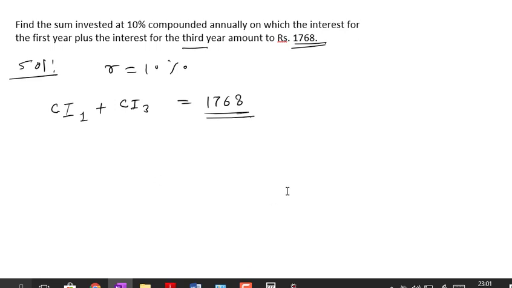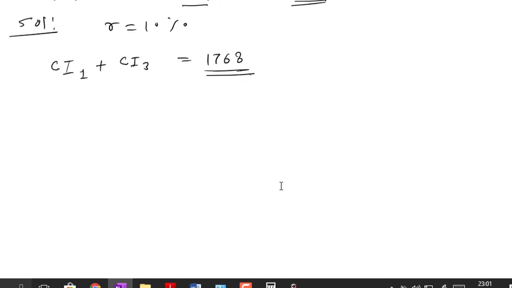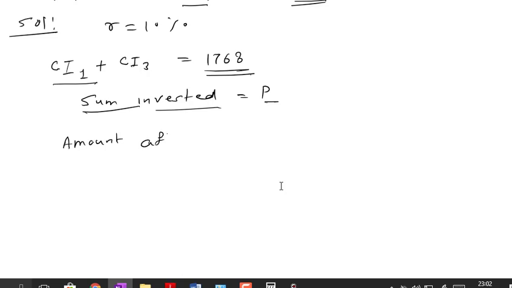Now let us see the original amount, the sum invested. Sum invested we don't know, so sum invested is P. Now interest for the first year, or amount after 1 year, is A1 equal to P into 1 plus R upon 100.